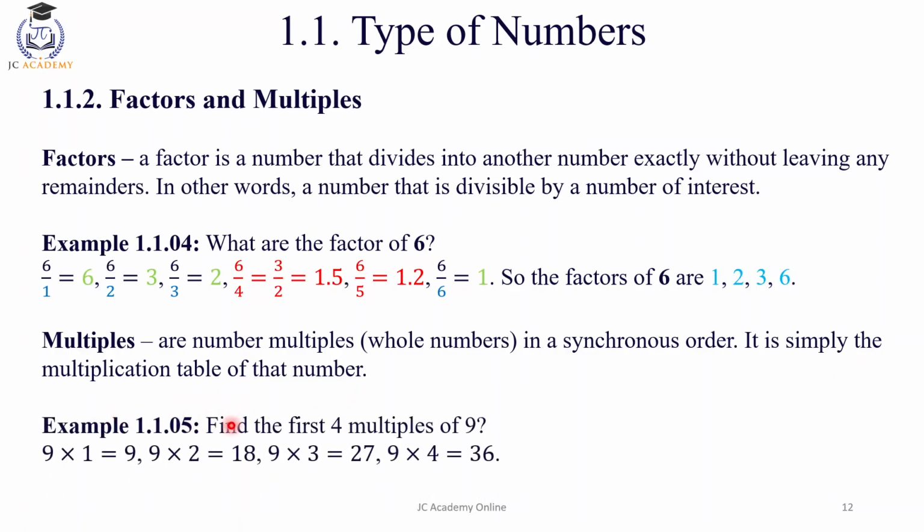So for example, if you're asked to find the first 4 multiples of the number 9, the answer would be, so we do 9 times 1, so the first 4 multiples, right? So it's 9 times 1 equals 9, 9 times 2 equals 18, 9 times 3 equals 27, 9 times 4 equals 36. Therefore, the first 4 multiples of number 9 are 9, 18, 27, and 36.